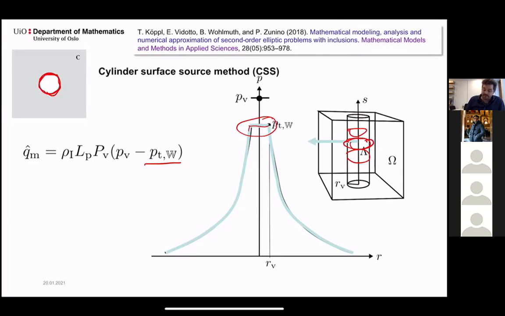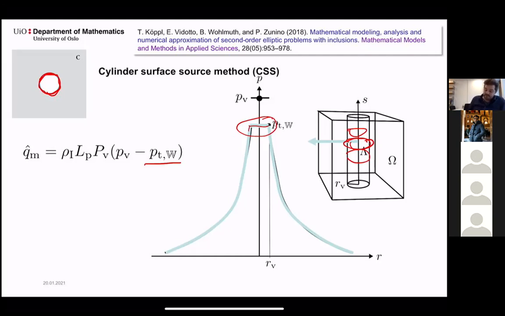So what these people have to do in their works is they actually, for the 3D domain, they have to choose a discretization length which is kind of around the radius of the vessel or a bit smaller. So this leaves you with a lot of elements in the 3D domain.